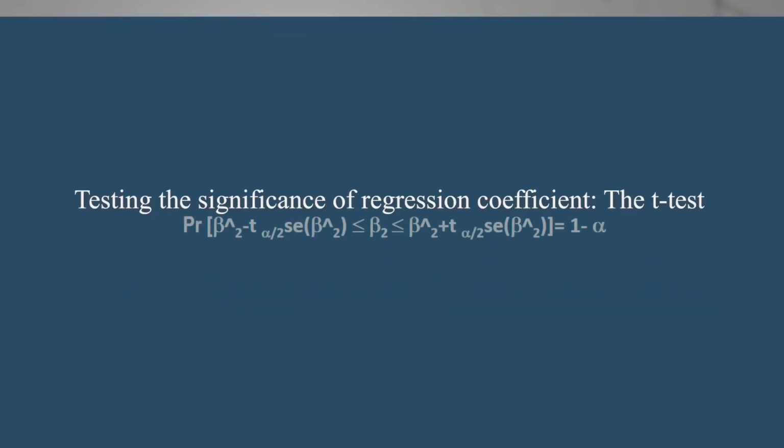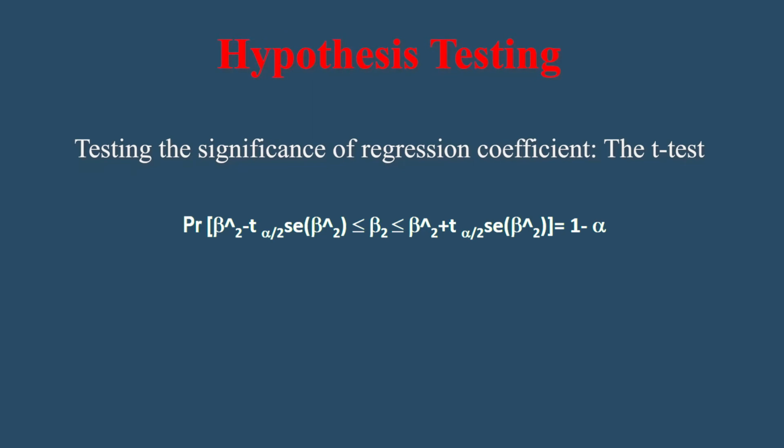This basically gets into a very important expression for the confidence interval in terms of the regression coefficient under the classical linear regression model. By regression coefficient, we mean that we have the probability, Pr, where beta hat is considered with the lower bound at minus of t alpha by 2, and thereby we have beta 2 as the estimated value of the coefficient.